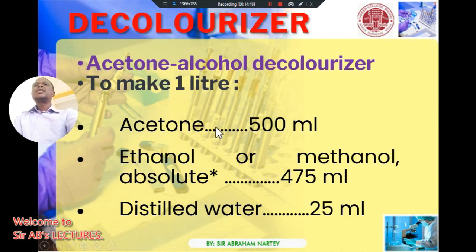And as a technician, you must understand why we are using the mixture of these two to prepare the decolorizer. When you use only acetone, acetone is very strong, so it is going to have a deteriorative effect on the tissue that you are working on. When you use methanol or ethanol, it is also going to have another effect on the tissue.